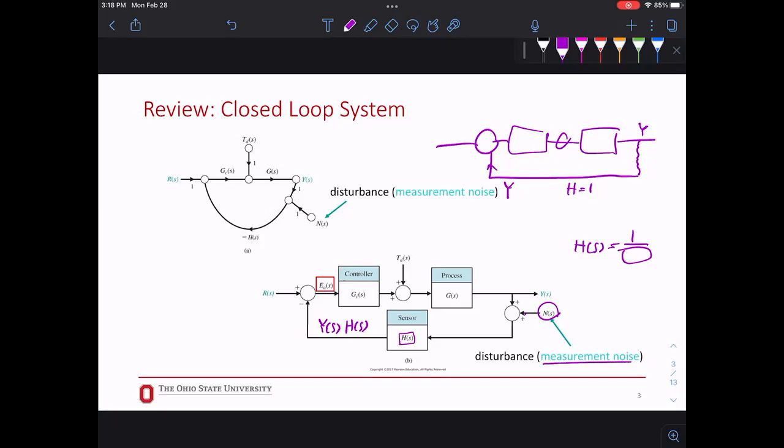So your sensor, at best, at ideal, has a transfer function of 1. So when we are doing an analysis, we can say, okay, let's imagine we're using an ideal sensor. So whenever in a problem we say ideal sensor, that's what it means. Feedback is unity. So I'm getting 1 to 1. I'm getting 100% of my output.